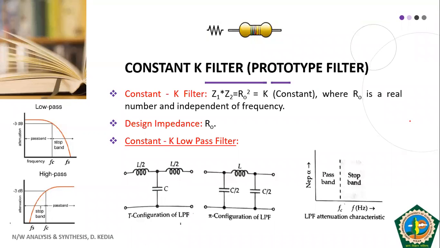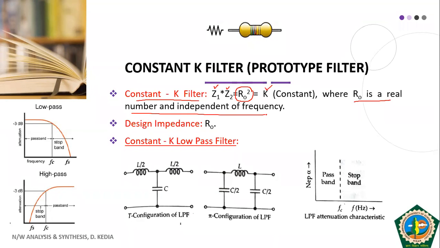So students, now we see the concept of the constant K filter, that is your prototype filter. I just told you in the previous slide how we define a constant K filter. For a constant K filter, the multiplication of Z1 and Z2, that is your series arm impedance and shunt arm impedance, gives us a constant value, that is K. And this K is equal to R naught square, where R naught is a real number and it is independent of frequency.